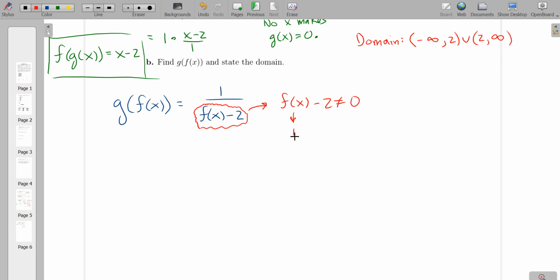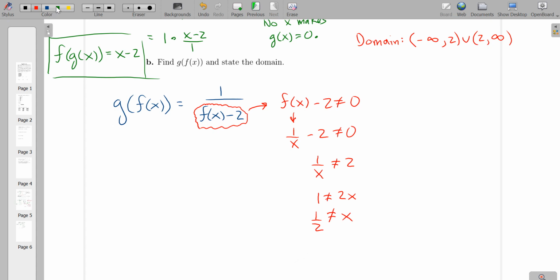And of course, f of x is 1 over x. So we have this equation for us to solve. 1 over x does not equal 2. That means 1 does not equal 2x. So x better not be equal to a half.